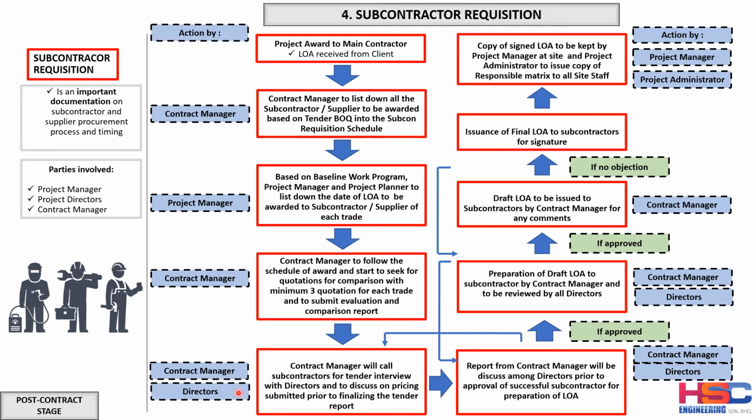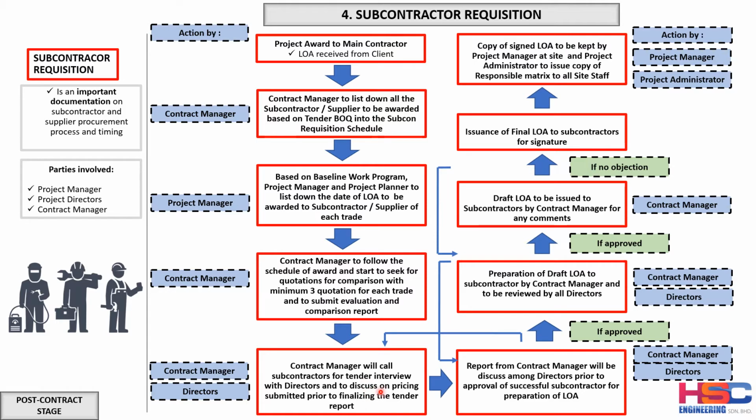Next, the contract manager will call each subcontractor that he has gotten a quotation from for a tender interview with the director, contract manager and the project director, or can involve the project manager also, to discuss their pricing and to finalize the tender report.